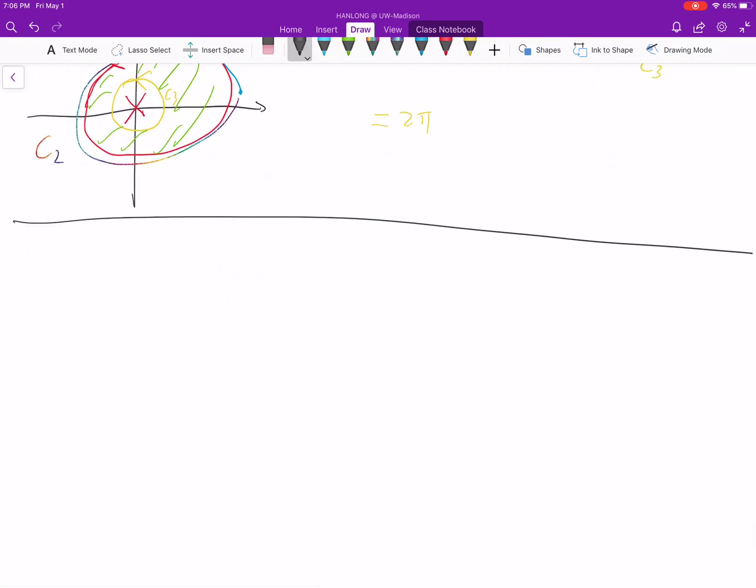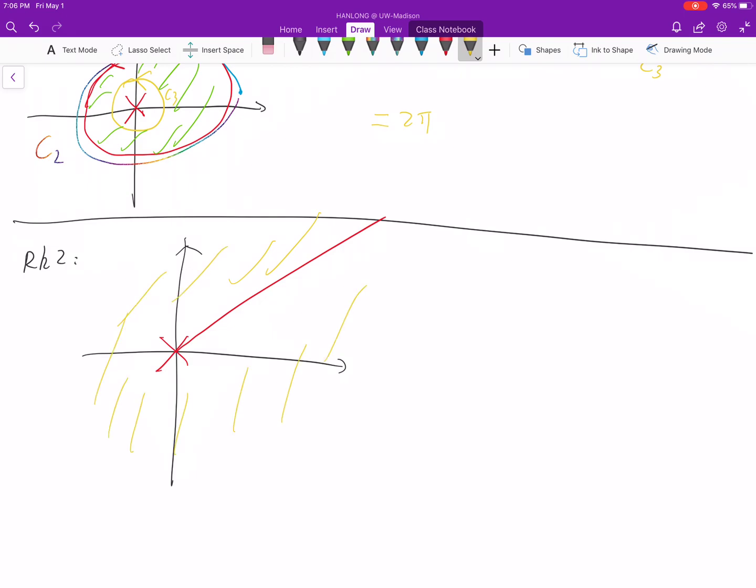Okay, and remark 2: suppose your domain is given by cutting one line. So you don't want this line, and your domain is the remaining part. And if your curve falls in this side, if your curve is just in this domain, then you can deform it as long as it's in this domain.